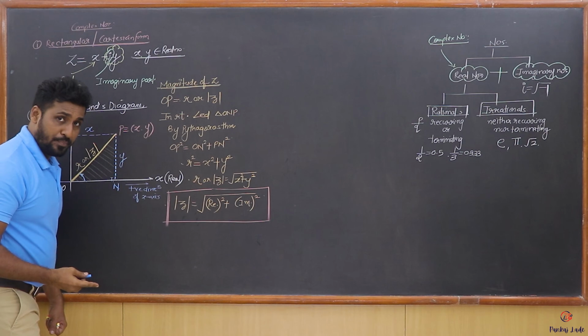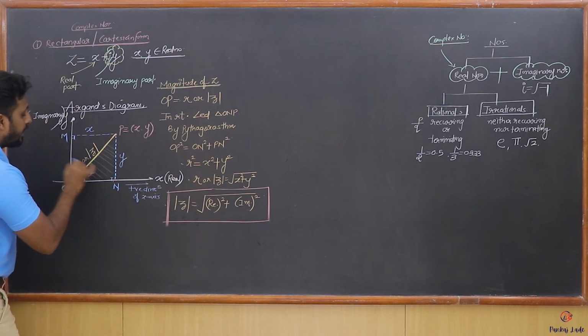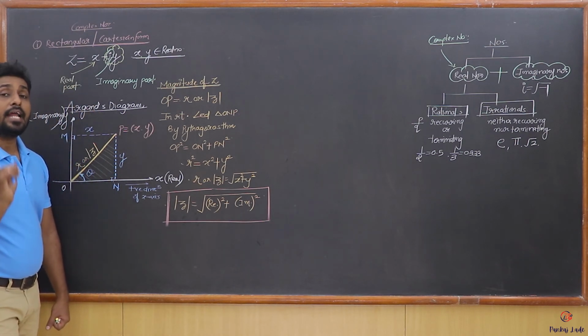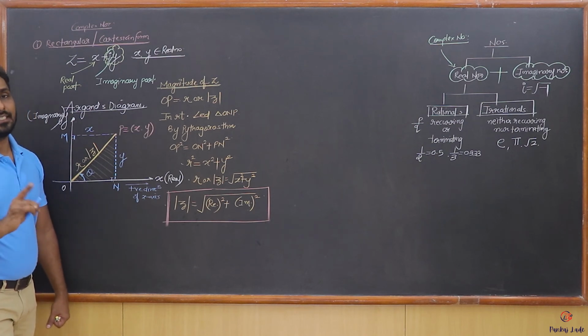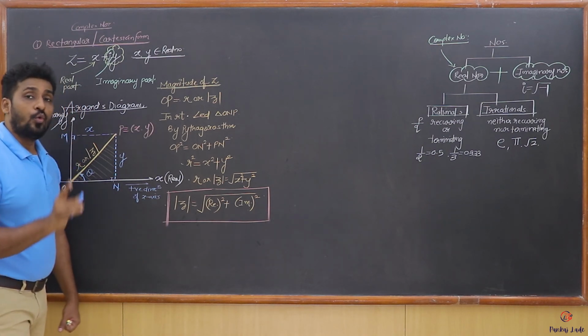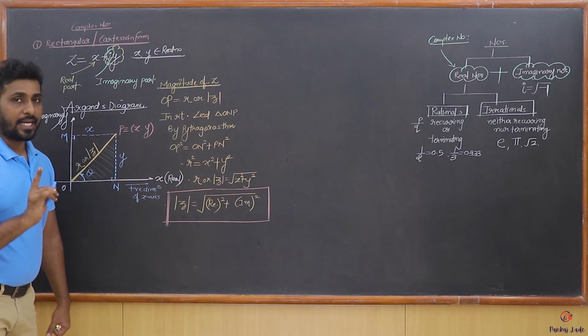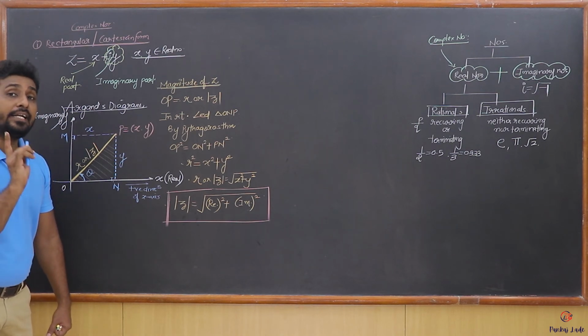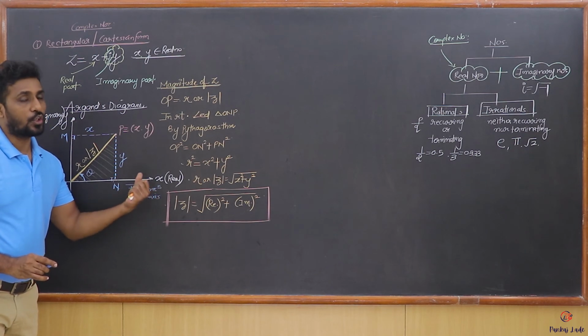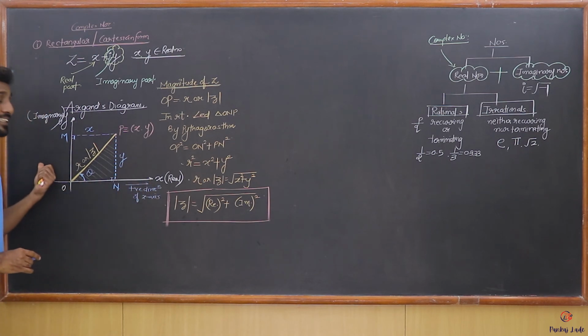This is another very important concept. So this angle is denoted as, say, theta. So this theta is called as an amplitude, or we call it as an argument of z. So remember, it should always be in what? Anti-clockwise direction. The measurement should always be in anti-clockwise direction, and the measurement should always be taken with the positive direction of x-axis. So when it goes in the second quadrant, the angle is going to be more than 90 degrees.